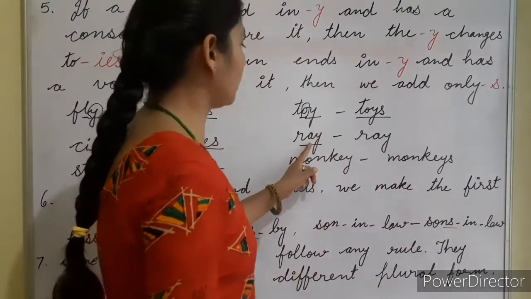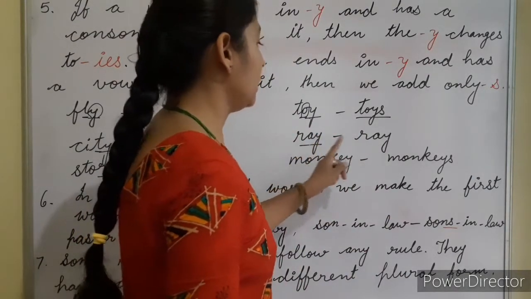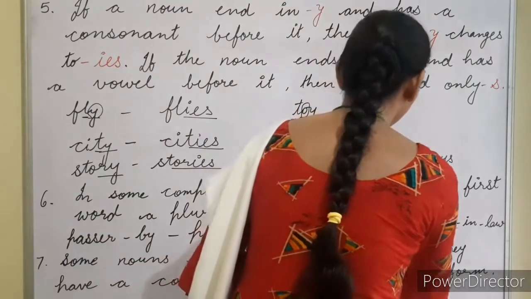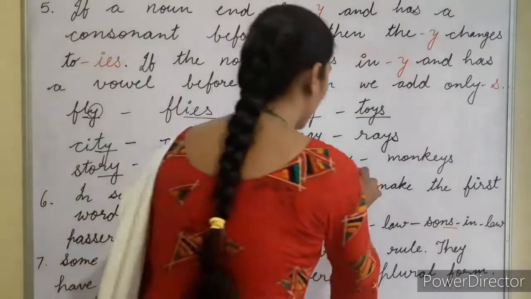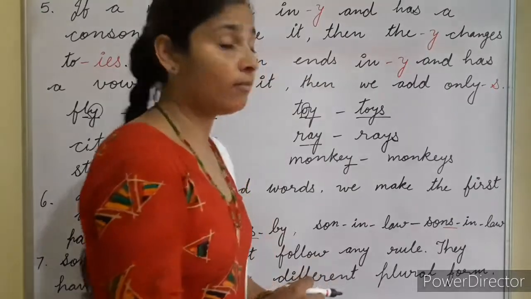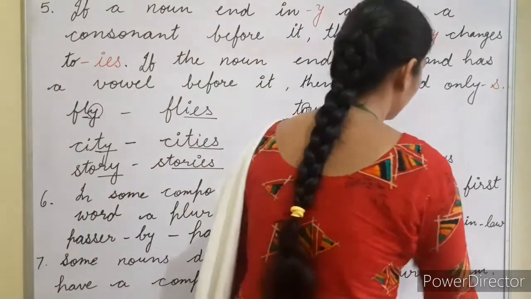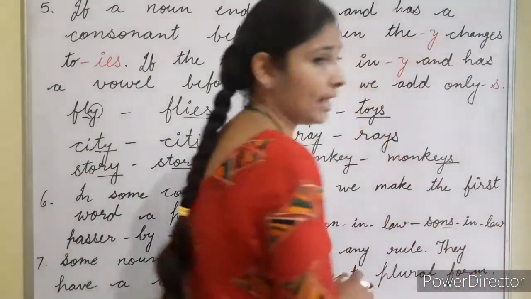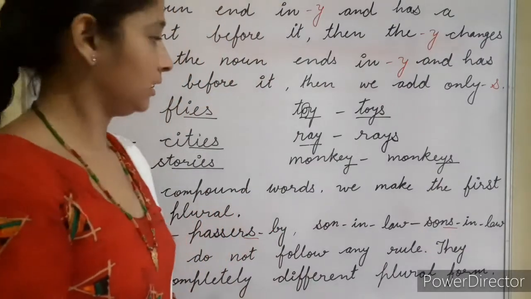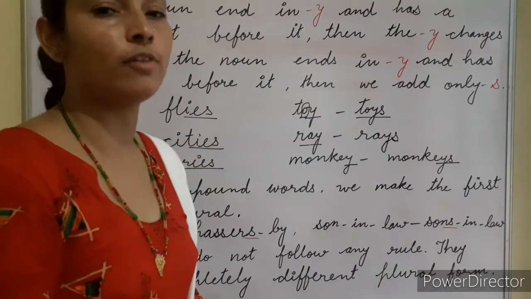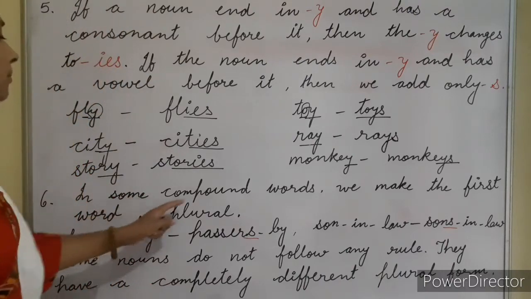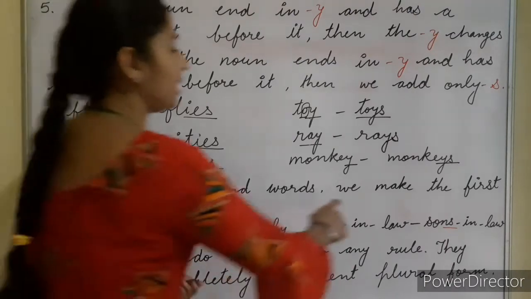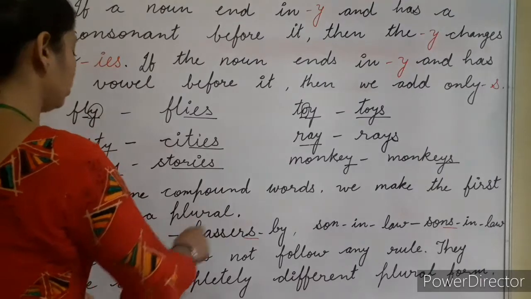Here the same thing, before y is a, so you will make its plural rays. Second is monkey. Before y you have the vowel e. So you will do the same thing and add only s. So you will write monkeys. I hope you all understood this rule very well too. Next is, if some compound words, we make the first word plural.